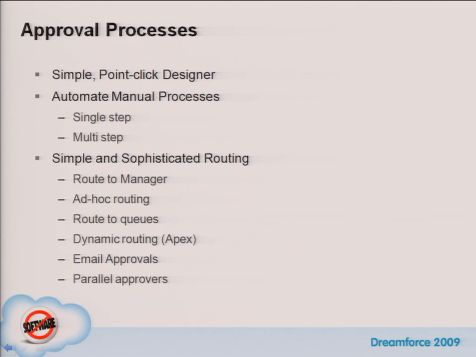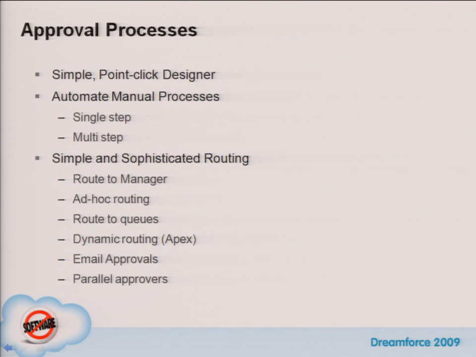You still leverage the point-and-click technologies and delegate the routing to this small bit of Apex code. That's what we call dynamic routing. In fact, I have a package on the AppExchange. You go to AppExchange and search for dynamic routing. There's a complete concrete example of the whole class, the triggers and everything, which lets you see how this dynamic routing can be leveraged if you have a complex business process which is not going to be satisfied just with the standard approvals engine.